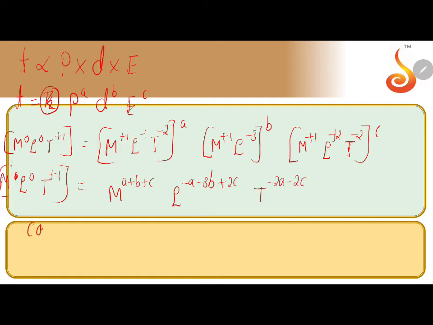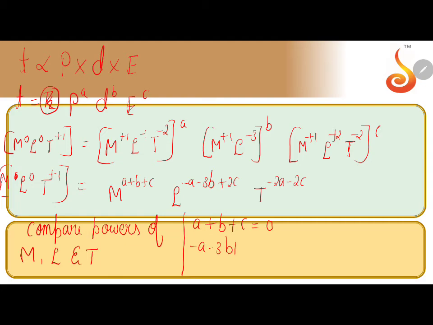Now if you compare powers of M, L, and T, you get a plus b plus c is equal to 0. You get minus a minus 3b plus 2c is equal to 0, and you get minus 2a minus 2c is equal to plus 1.